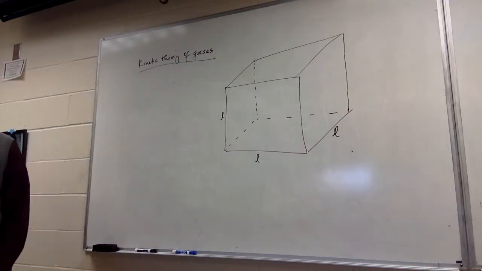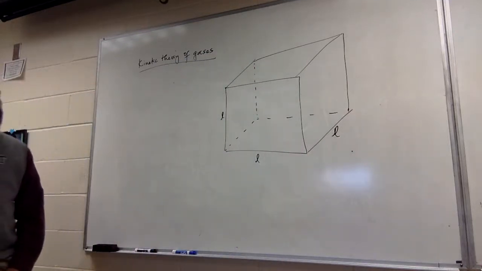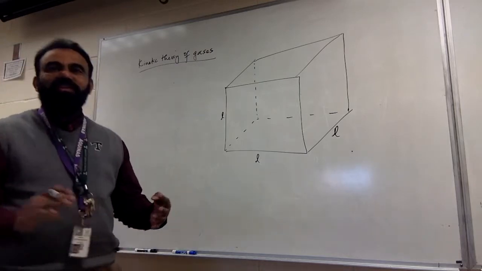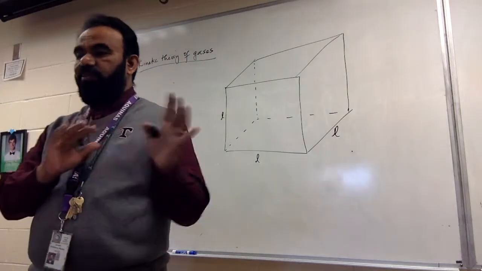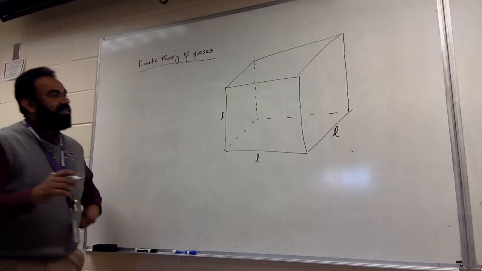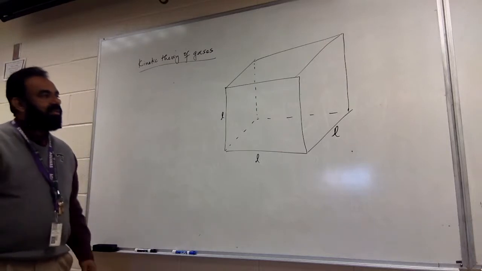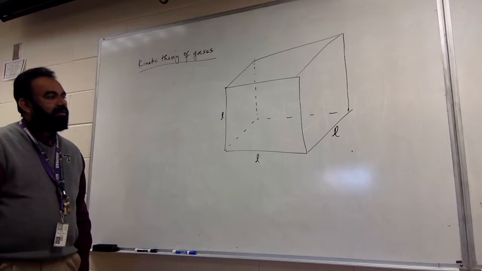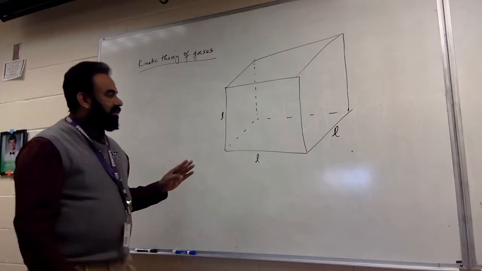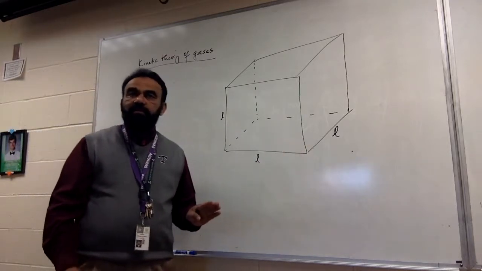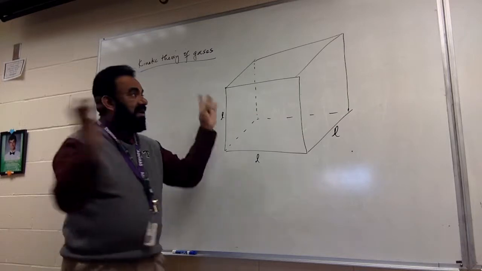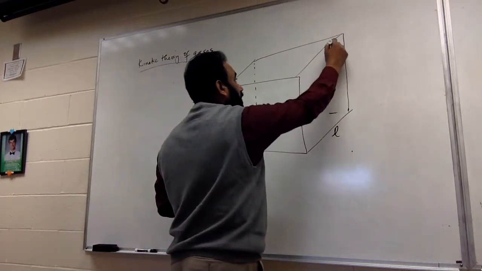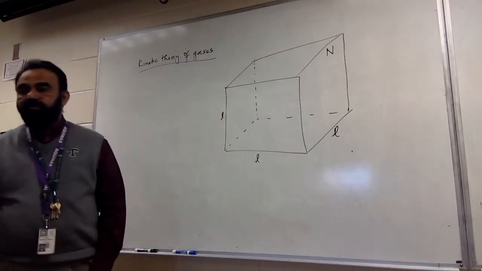I'm taking it as a cube of side L. And you've got to look into it a little three-dimensionally, so that's why I'm drawing it this way, so you'll understand it. In this container of side L, there are n number of atoms or molecules.